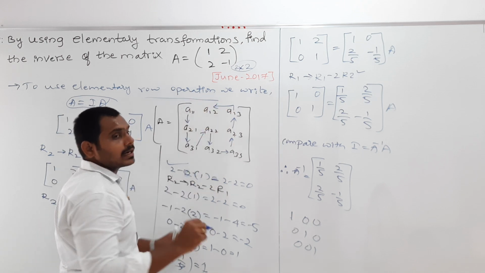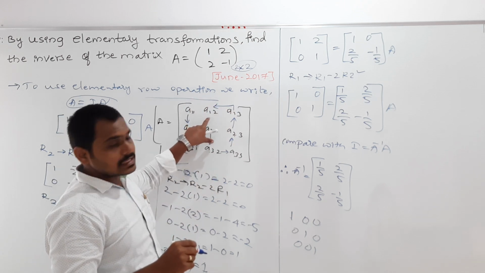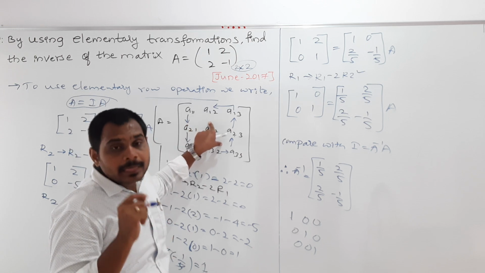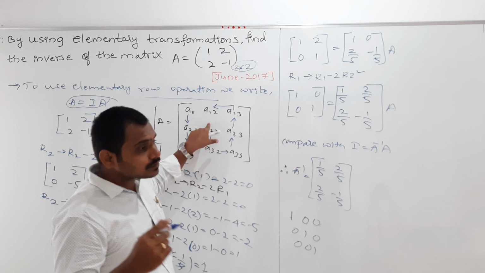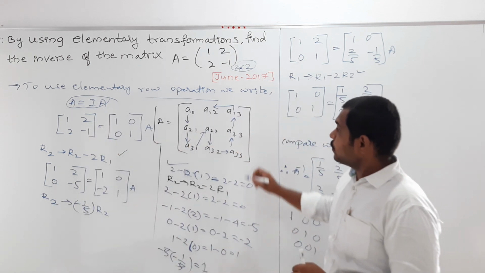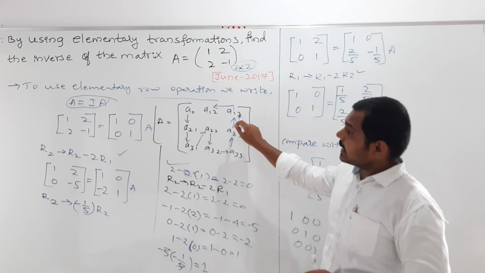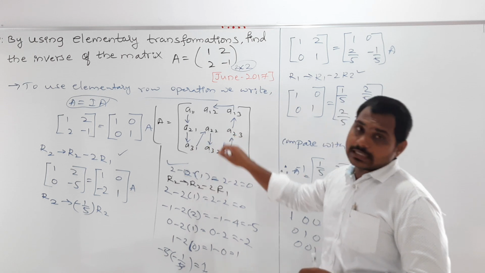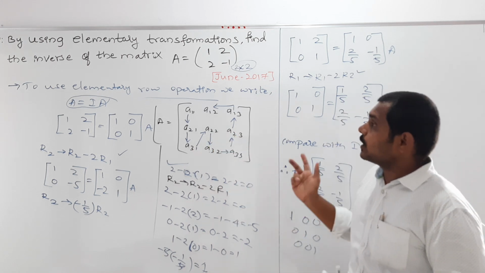In this particular pattern, if you convert the LHS part into the identity matrix, it will save your time, and even your calculation part will be easier. So please try to convert the LHS part into the identity matrix. Please obey this order. Clear? I hope you understood.